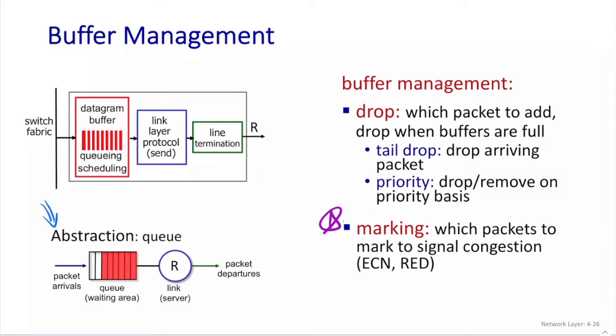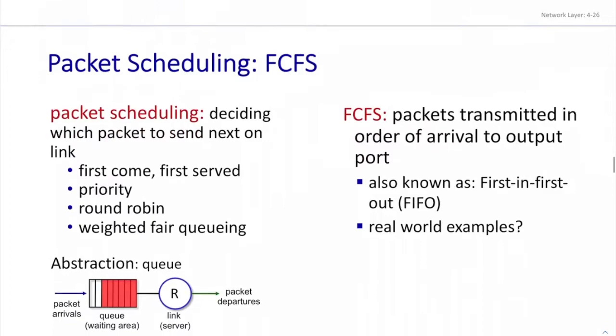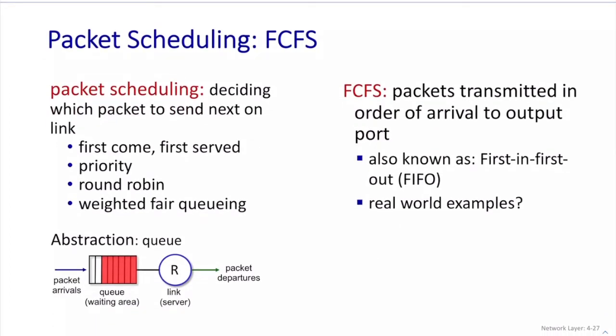So we simply draw a queue from the left-hand side to the right-hand side. When a packet arrives, it will be queued in the queue, and there is a server. The server consumes the queue at a certain speed, and after it serves the packet, the packet departs. That is the abstraction of the queue. Let's take a look at some different policies. The first policy is first come, first served, also known as first in, first out.